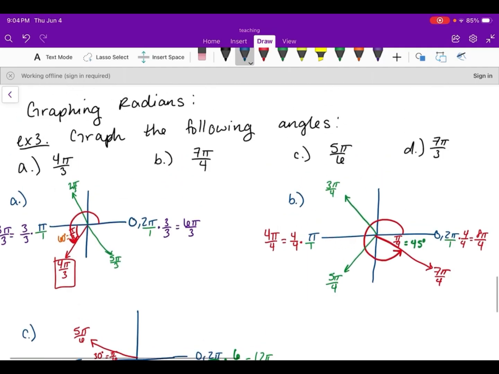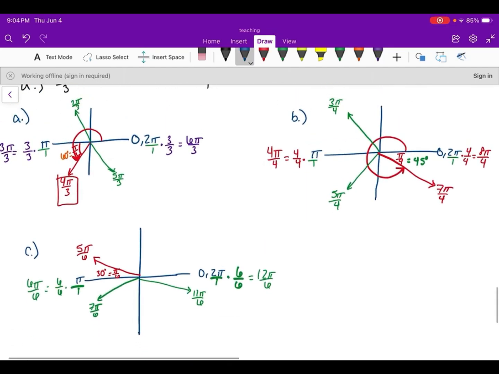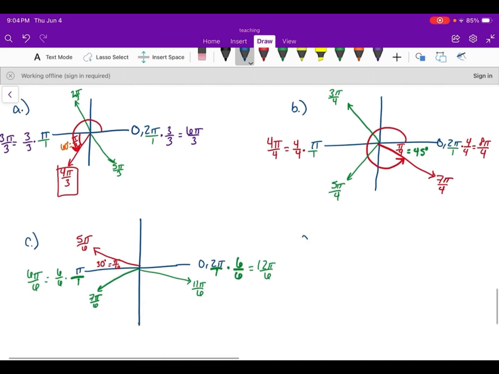And one more. This one's 7 pi over 3, so I definitely think you should try it out before I do it. This is 0 or 2 pi. This is pi.